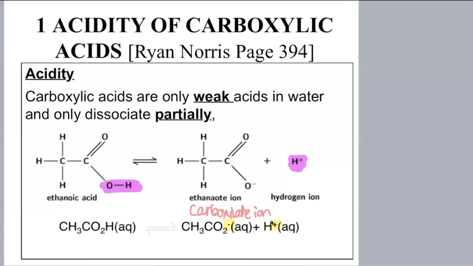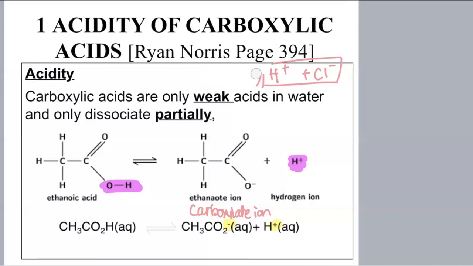That's why for the dissociation of HCl, we write it as a single arrow instead of a reversible arrow, because we know that the equilibrium lies very much onto the right side, onto the ions. That's the definition of a strong acid. But for weak acids, we write it as a reversible reaction because the equilibrium lies more onto the left side.